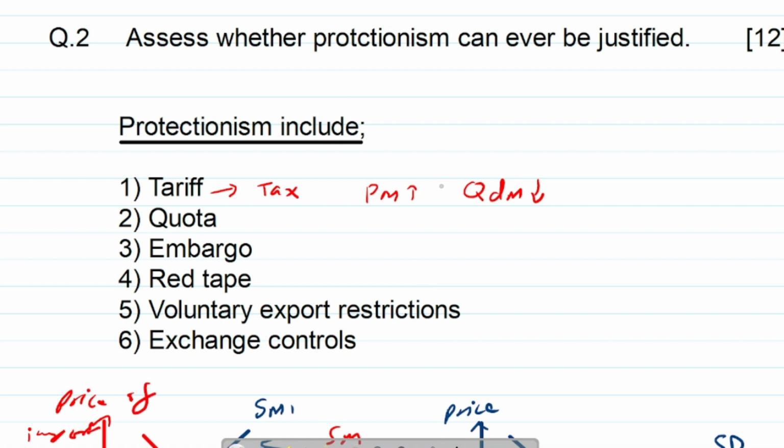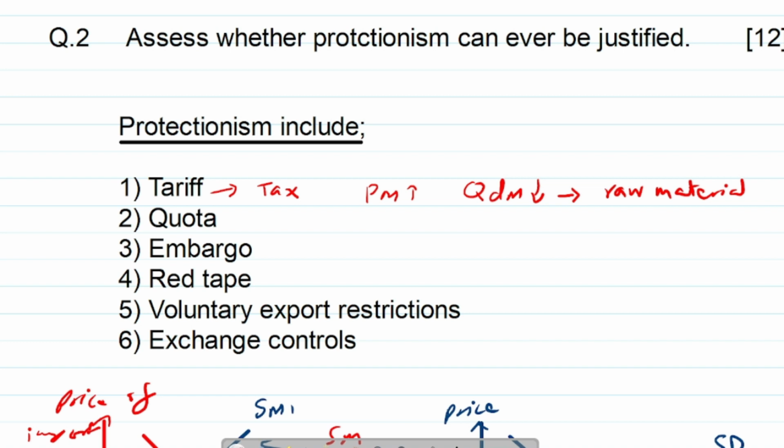Okay, so now moving to the evaluation point of tariff. When government imposes tariff, it is not always beneficial, rather it has some problems as well. And the problems may include, like, if local young industry or local aging industry even depends on imported raw material, then tax imposed on imported raw material will make it expensive, and as a result local industry will suffer instead of improving.